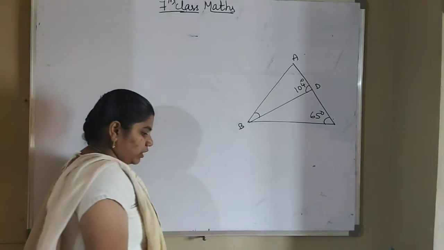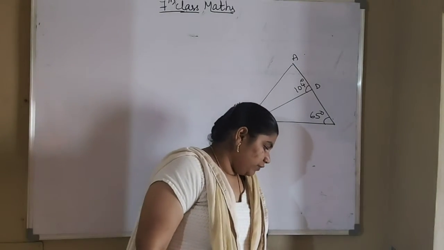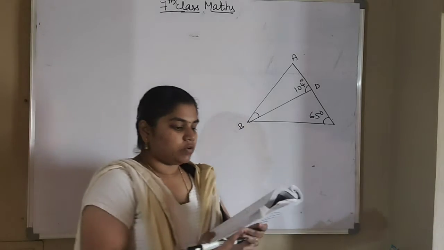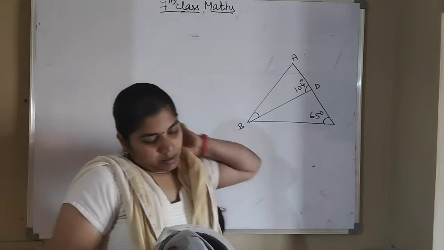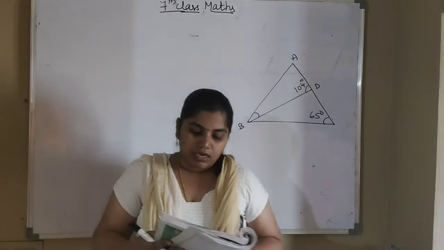Okay, this figure they have given. So what is the question? In the figure, angle BAD is equal to 3 angle DBA. So find angle CDB.